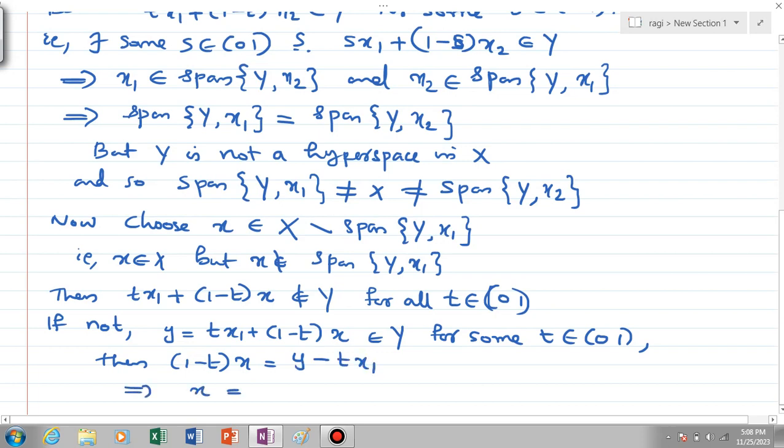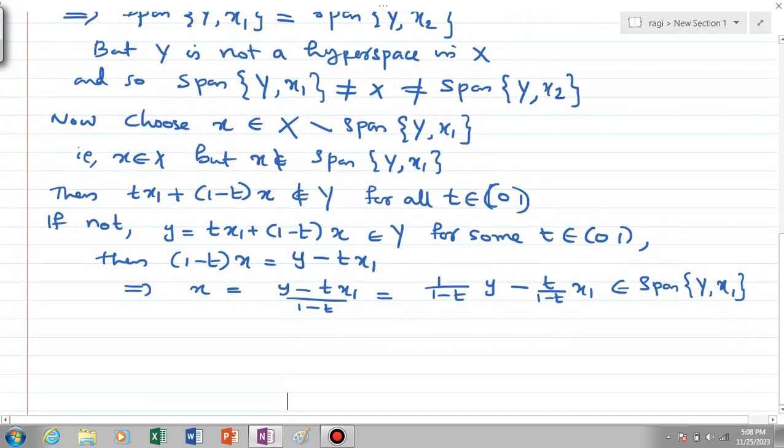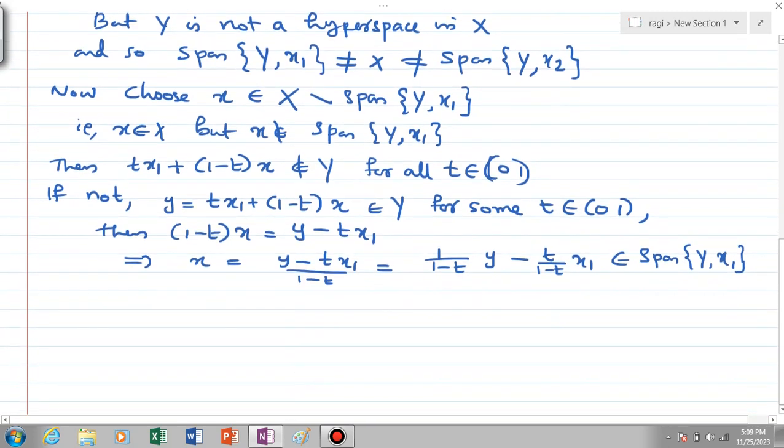This implies x = (y - t x1)/(1 - t) = 1/(1 - t) y - t/(1 - t) x1. This is an element of span of {Y, x1}, but this is a contradiction to our choice of x.